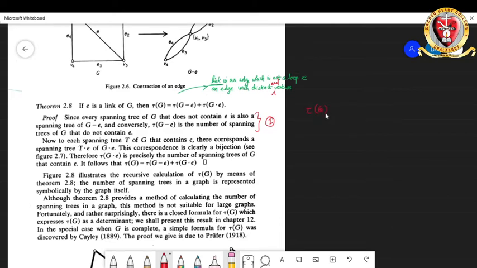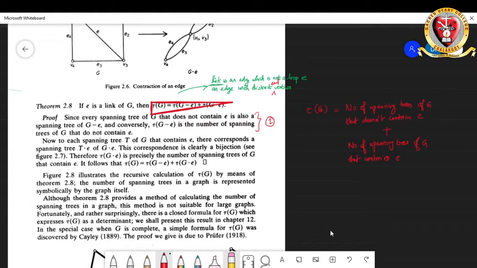We took the number of spanning trees of G, and we said that it is equal to the number of spanning trees of G that do not contain edge E plus the number of spanning trees of G that contain E. We observed the first class, then the second class, and finally obtained what is given in the statement.